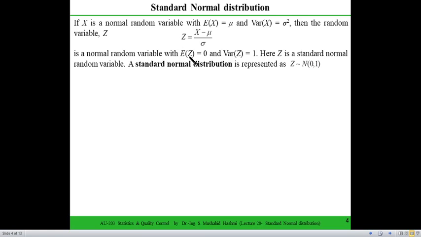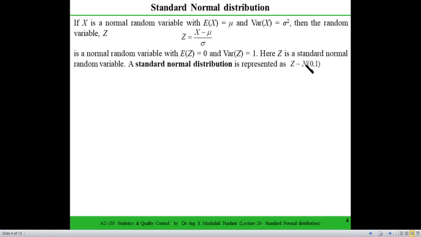So we can say that when your mean is 0 and your variance is 1, the normal random variable x is transformed into another random variable z. And so z is a standard normal random variable, and that represents a standard normal distribution. But this distribution has fixed values of the mean and the variance.